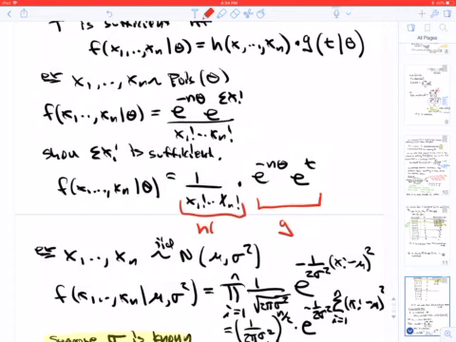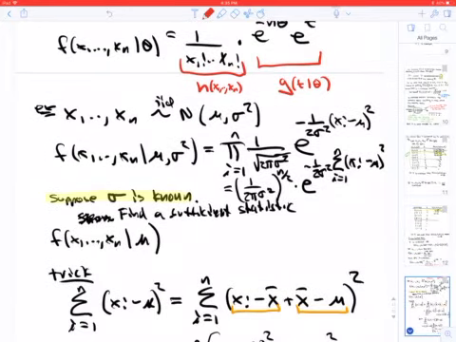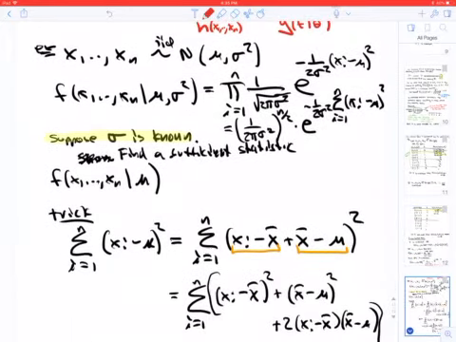So here, h is a function of x1 to xn, and g is a function of t and theta, right? There are no x's in there.